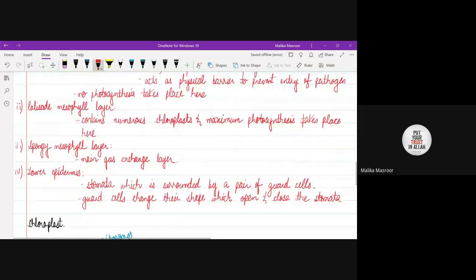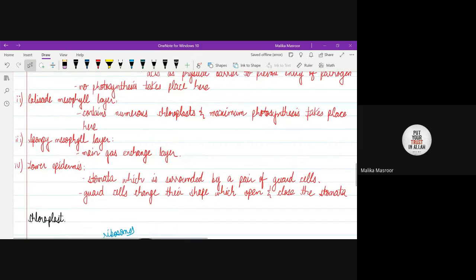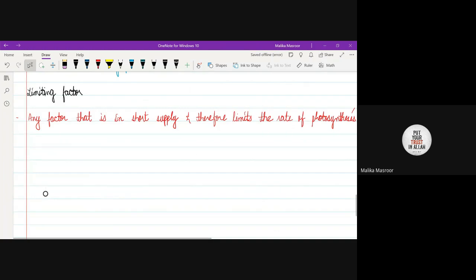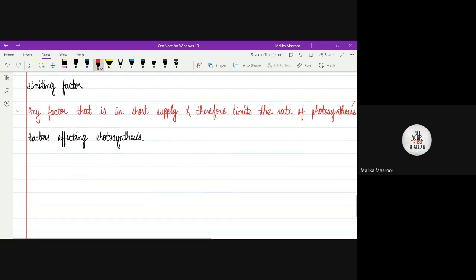Now we are talking about the factors affecting photosynthesis. Okay, so there are several environmental factors that affect the rate of photosynthesis.